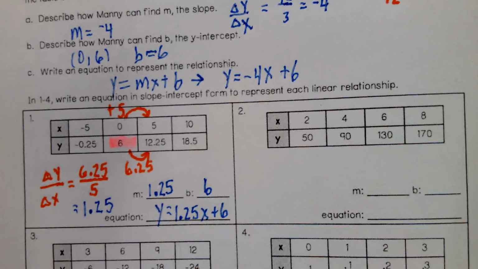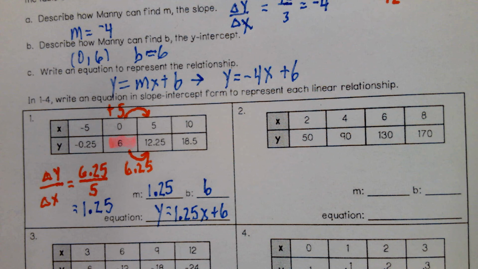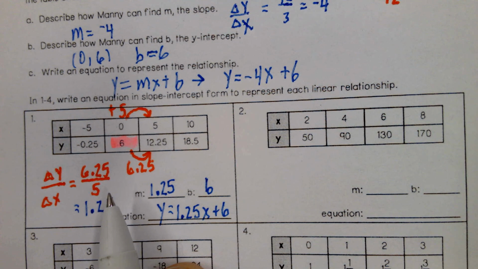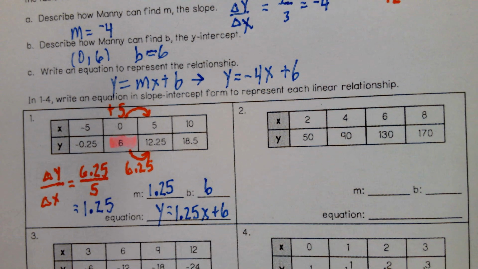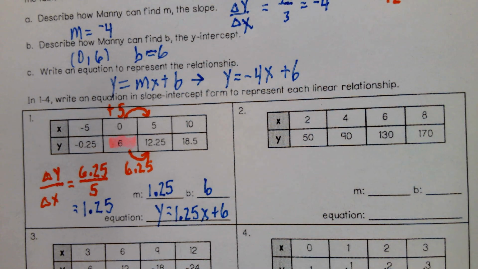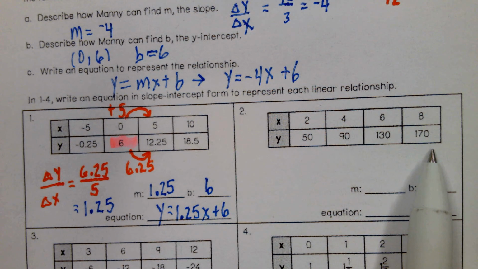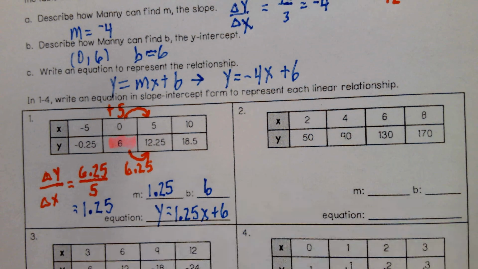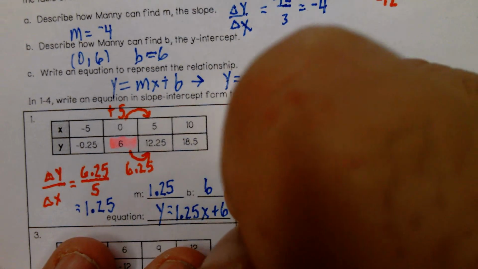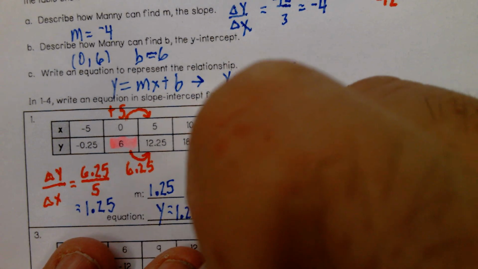So here I think the more challenging part was finding the slope or rate of change. It's going to be the opposite for number 2. Look at your values here. We don't have 0 for x. But let's figure out the slope. Let's see if we can determine the slope value. Change in y over change in x.